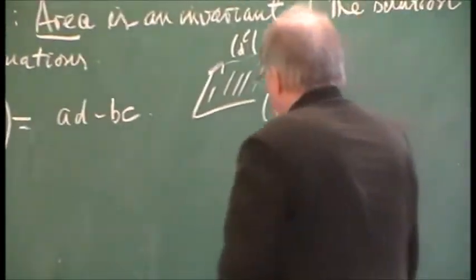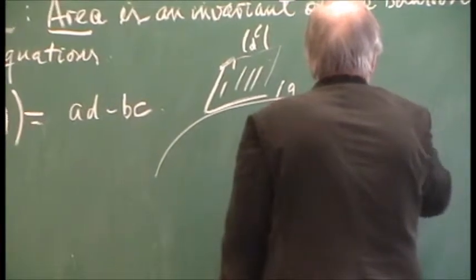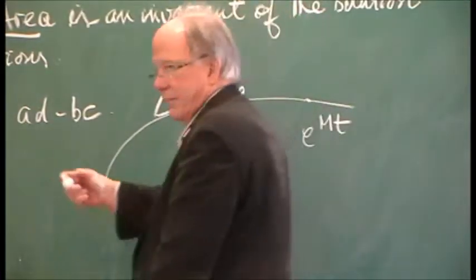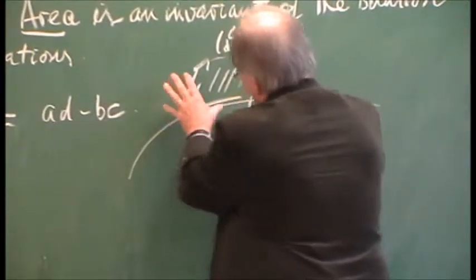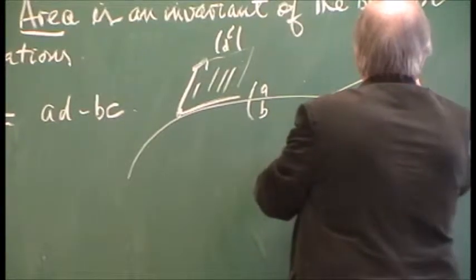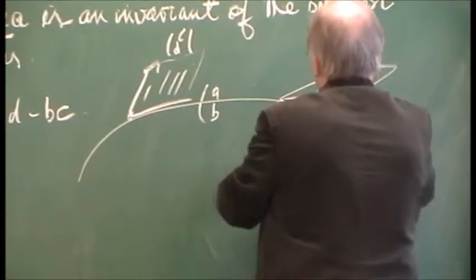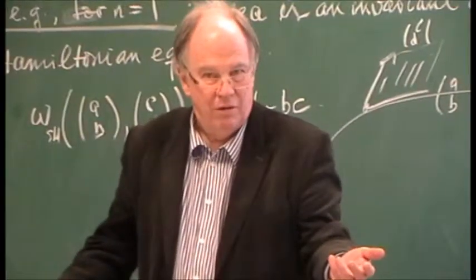And that means that if you're traveling along on this flow, e to the Mt, this is a flow by symplectic transformations. So if you have a unit of area here, you will push it around. You might change something here, but the area itself does not change because it's a symplectic flow.